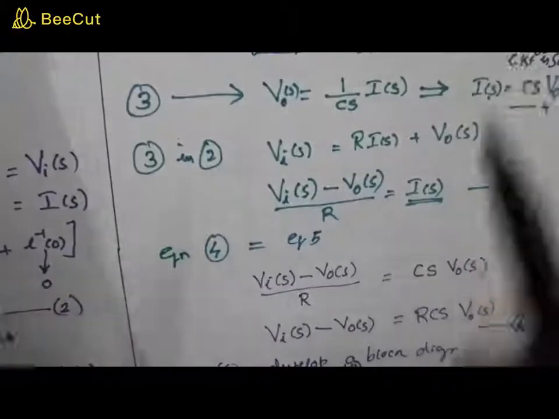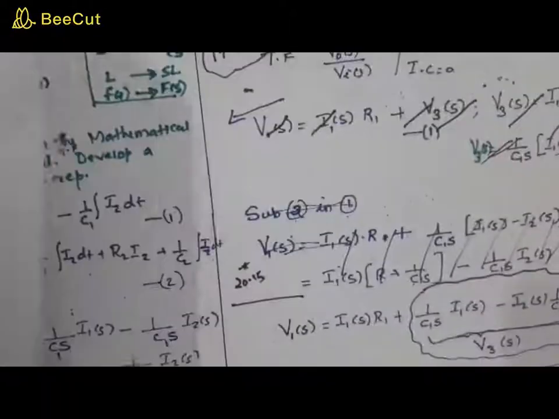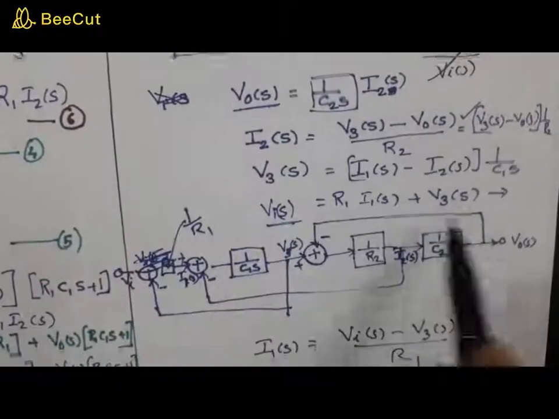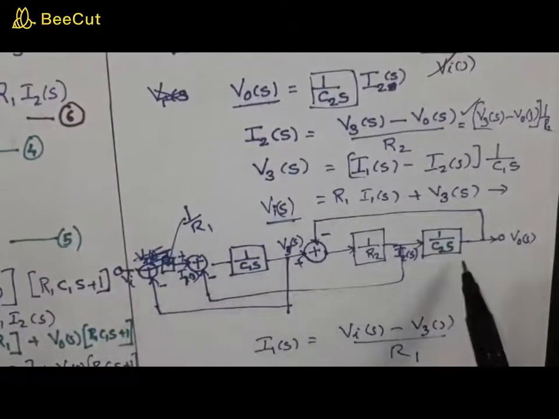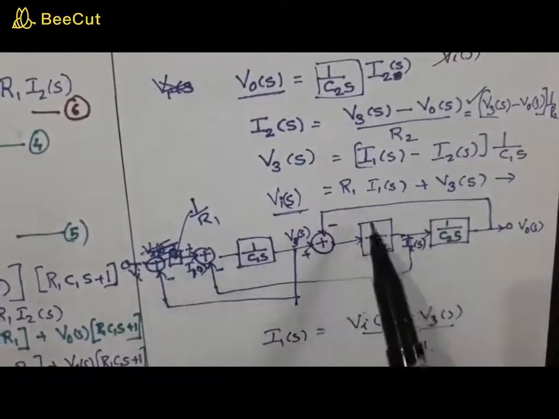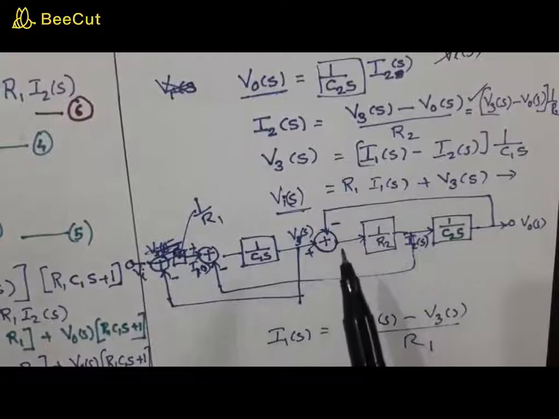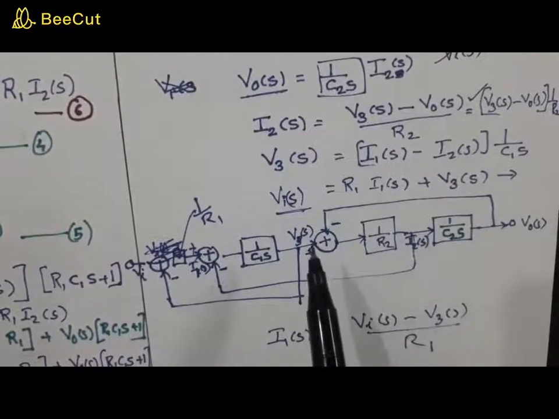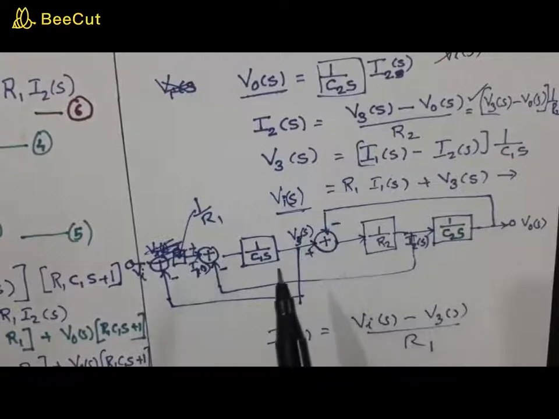When you have one more RC network along with this, that's a circuit with a 2 RC network. When it becomes a 2 RC network, the block diagram gets complex. How many feedbacks? You have 3 different feedbacks. So as the components increase, the block diagram gets more and more complex.